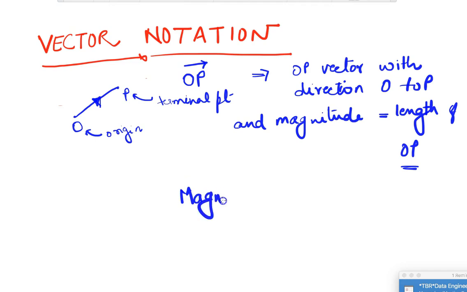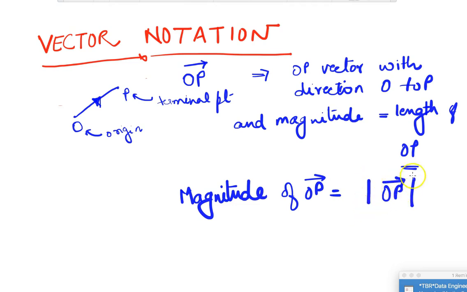So OP vector's magnitude is defined as mod of OP vector.